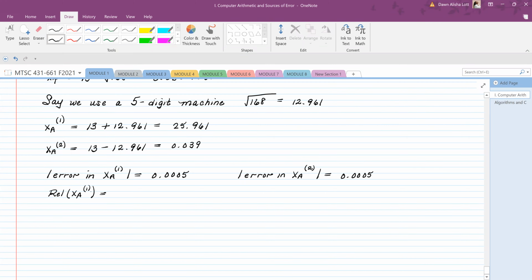So we're going to take 0.0005, and then we're going to divide by 25.961. And this turns out to be 1.85 times 10 to the minus 5. Okay.